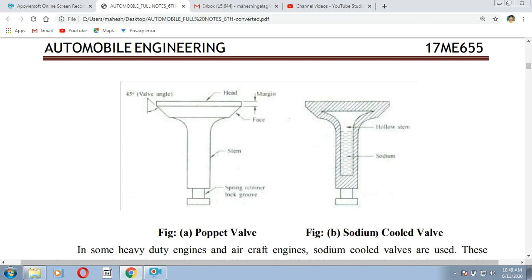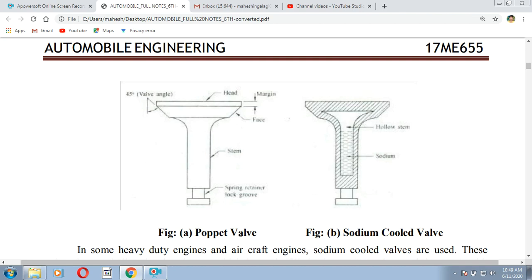The sodium cooled poppet valve. Definitely the temperature will increase and heat will be produced inside the engine, so we need to control the temperature of the valve so that it will withstand for a longer time. That's why a cooling process is required.